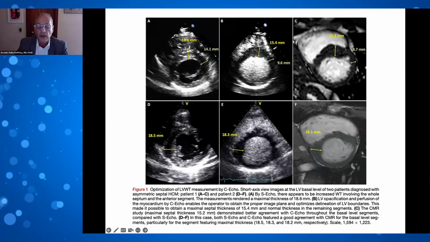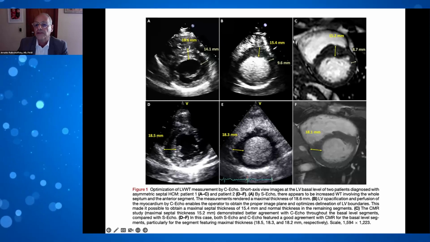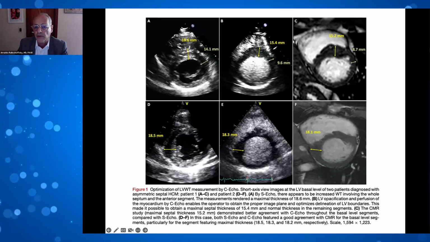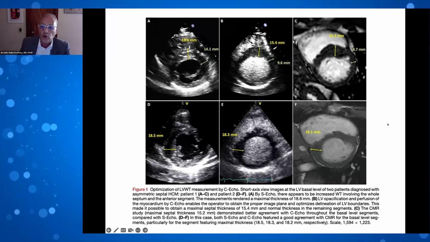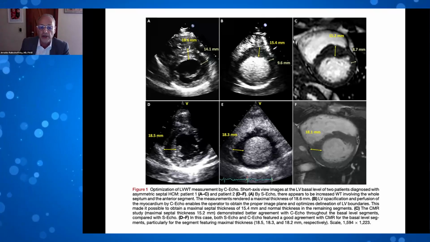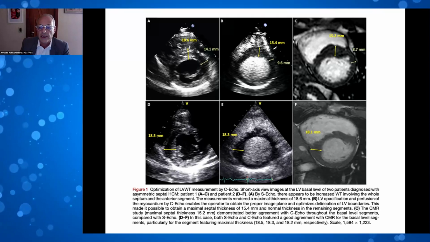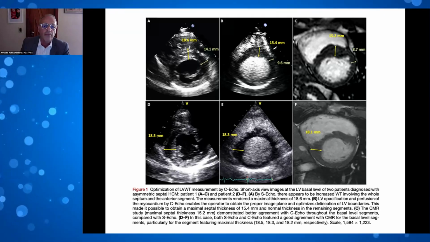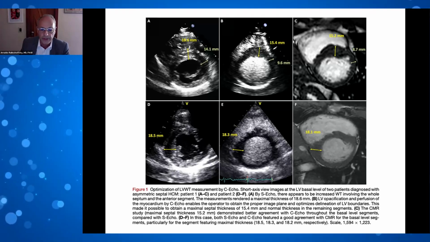In the middle, with contrast, you see how close the image is to the MRI. It's very close to the MRI, including the measurement of the wall. So we routinely use the contrast in patients with hypertrophic cardiomyopathy.